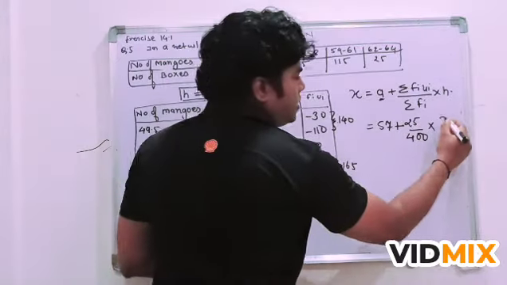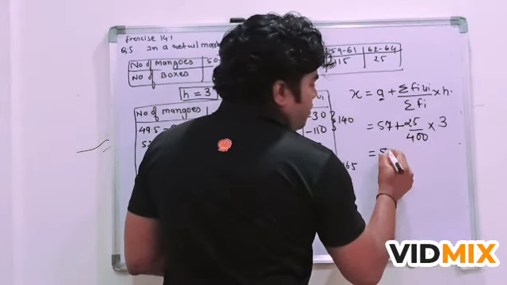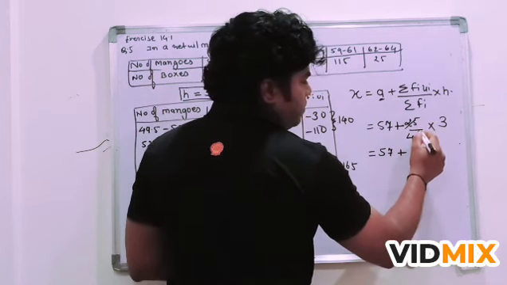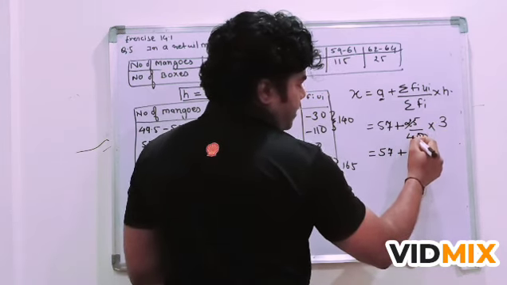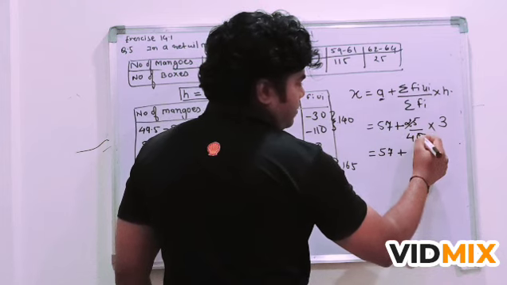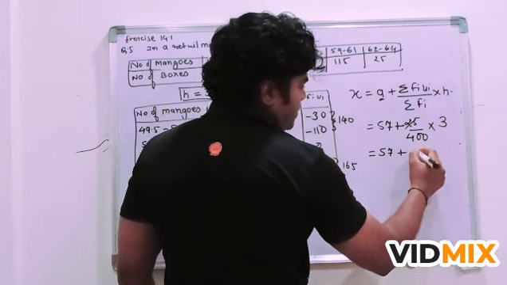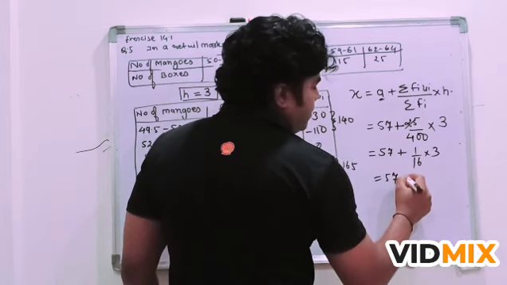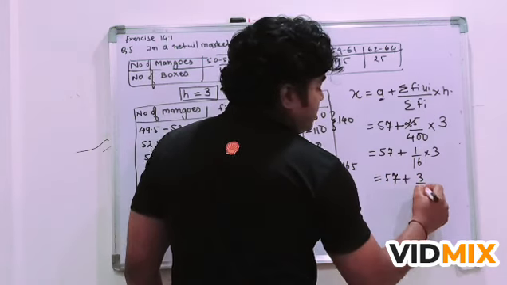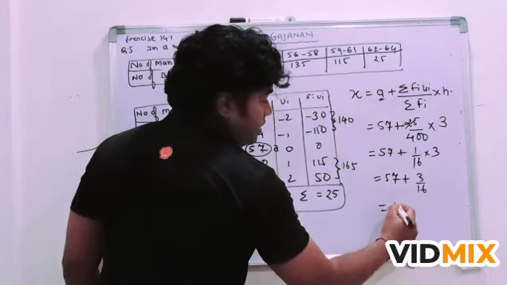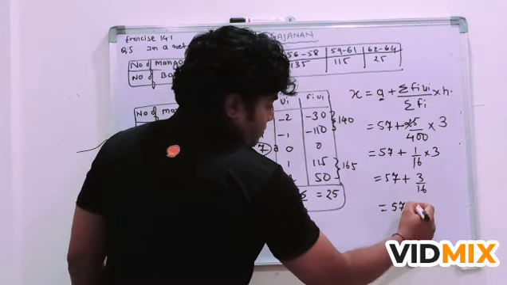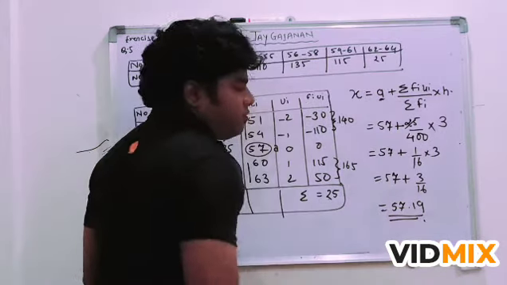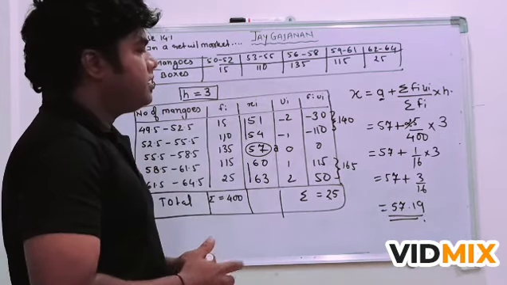The class size is 3. So 57 plus 25 upon 400 into 3, that is 1 by 16 multiplied by 3. This will be 57 plus 3 by 16. If you calculate this, it is approximately 57.19, and that will be the final answer.